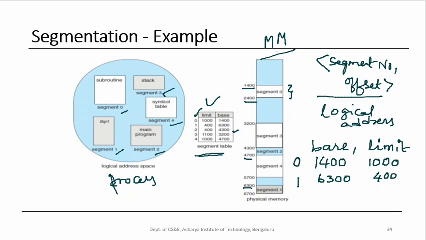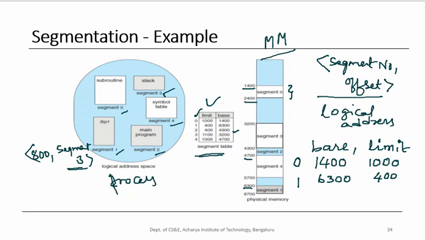Now, let's say we have to access the 800th byte from segment 3. What will be present in the logical address? You will have the segment number and the offset.